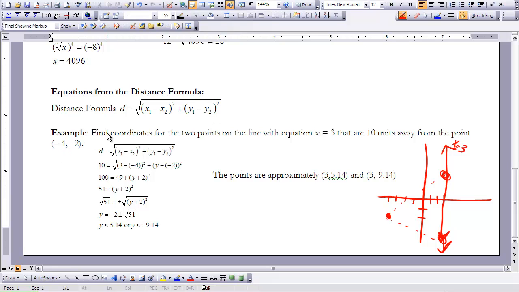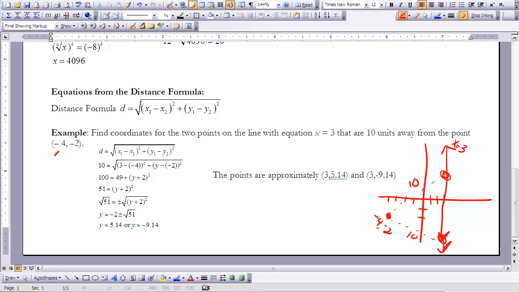So when I'm working with this first example here, find coordinates of 2 points on the line with equation x equals 3 that are 10 units away from the point. So here's my point, negative 4, negative 2, and I need to get 2 points on this line that are 10 units away. So I'm going to use my equation from above.